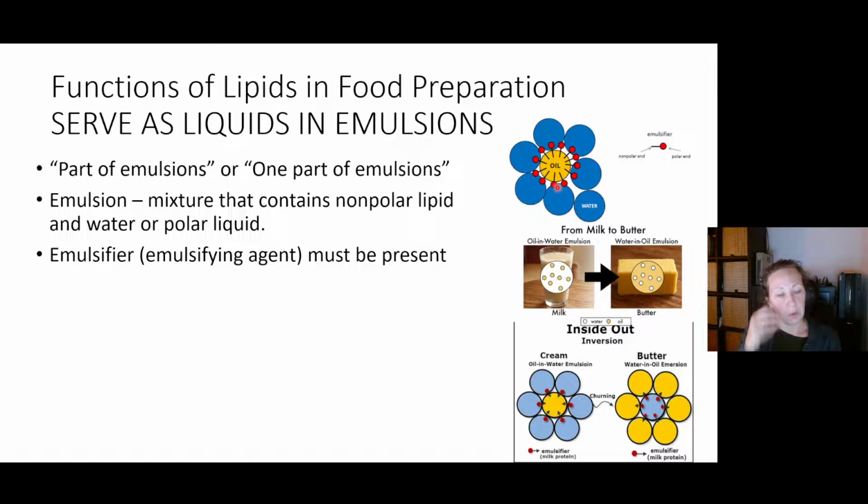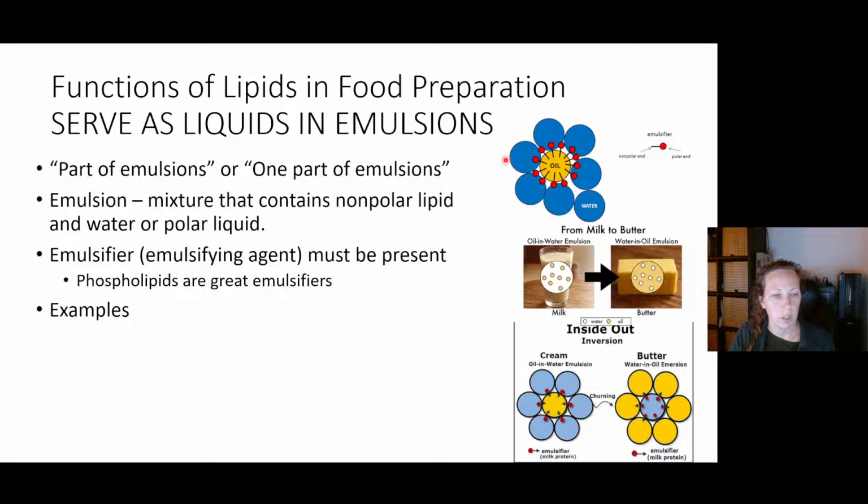Okay, so in order for this to happen, because water and oil don't naturally form a mixture, we must have an emulsifier or an emulsifying agent. Two words for the same thing. And so in this diagram, the emulsifier is this little red thing with a stick, okay? Phospholipids, as we've already mentioned, are great emulsifiers.